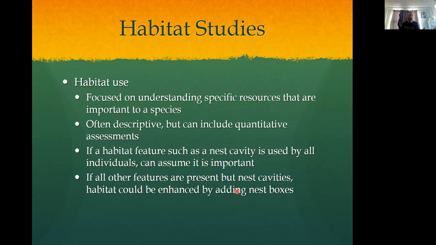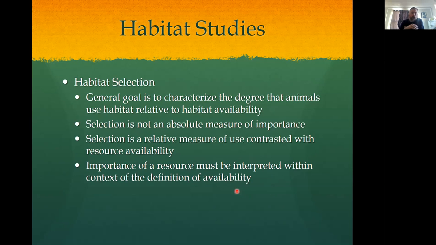If we can find, and this is obviously an extreme example in terms of how easy it is, but it's something that we can use very much to make non-habitats into habitats. With selection, as opposed to use, habitat selection here is more about what are the preferences of the animal, right?